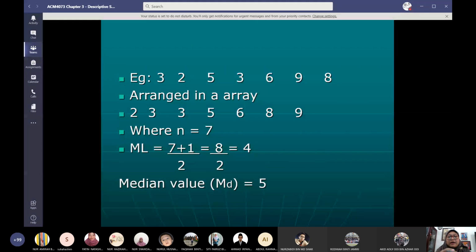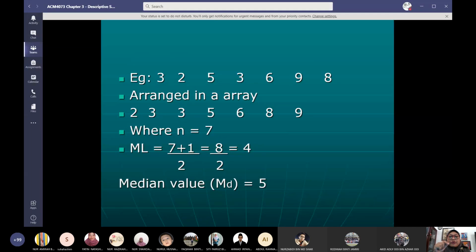Where the number ends, there is 6. 1, 2, 3, 4, 5, 6, 7. So 7 plus 1 is 8. Divide into 2 is 4.